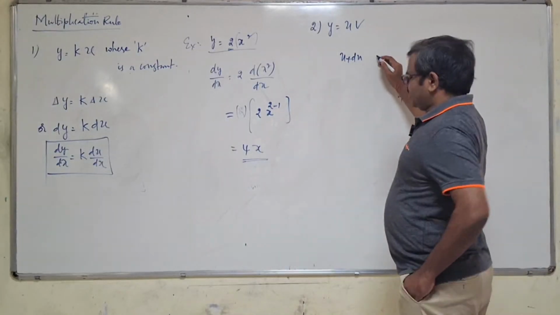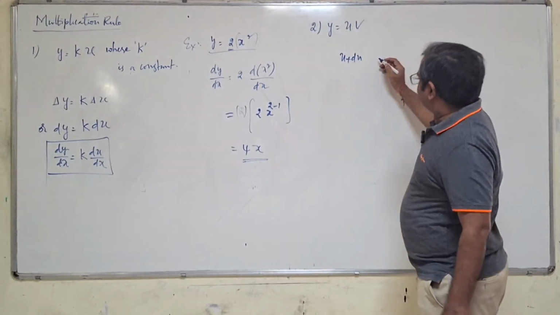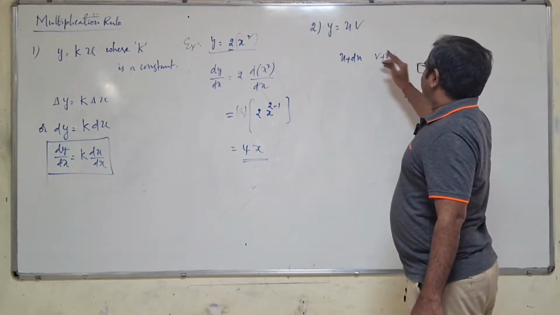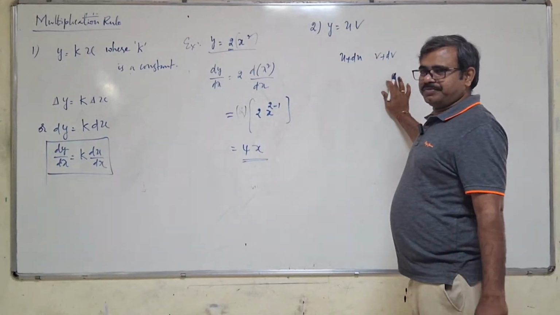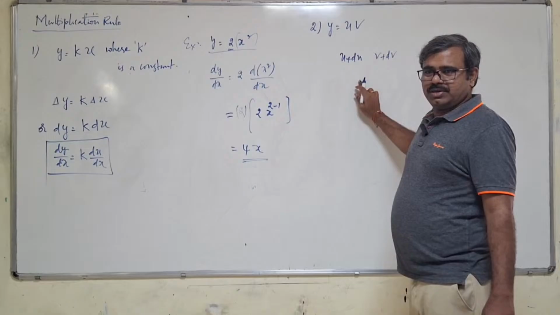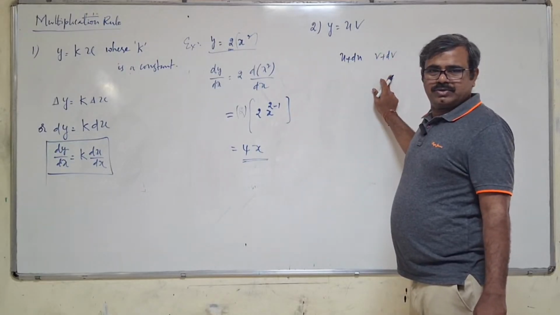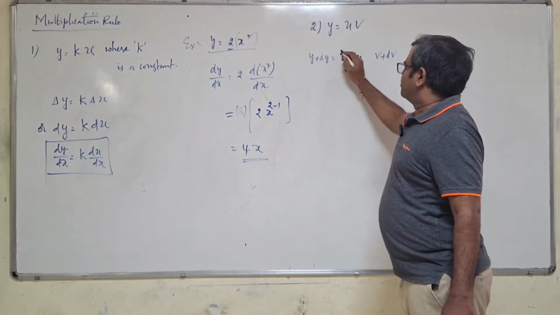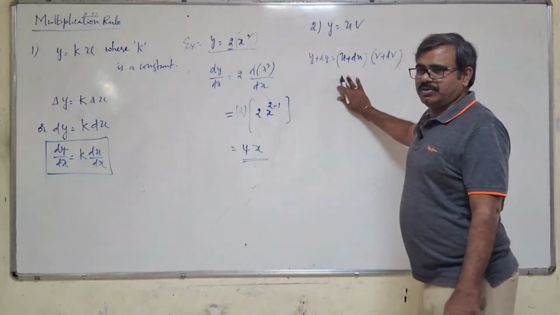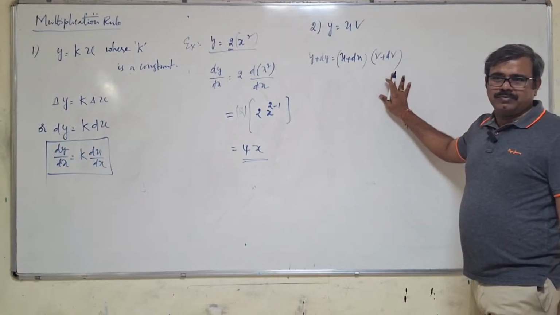If v changes by dv, v becomes v plus dv. u has changed, v also has changed, which means y also has changed. So y plus dy is equal to u plus du into v plus dv.